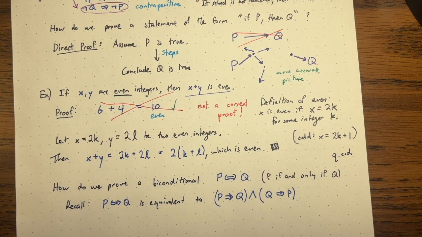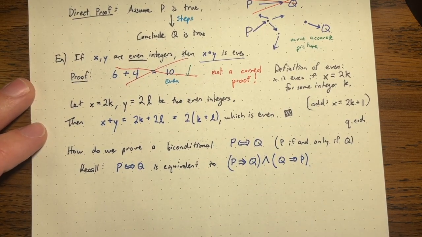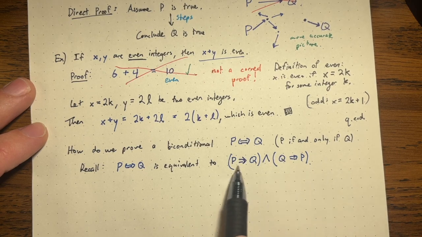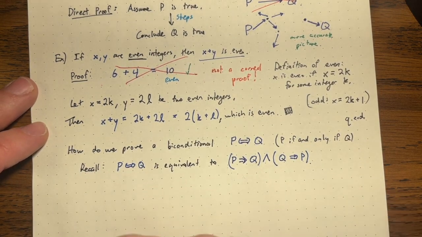So how do we prove a biconditional? Well, this is basically telling us how. It's a two-step process. This is going to be true if that's true and that's true.